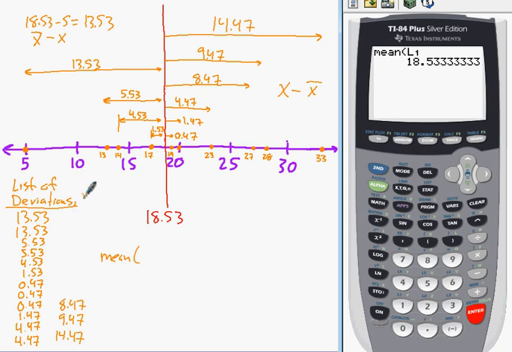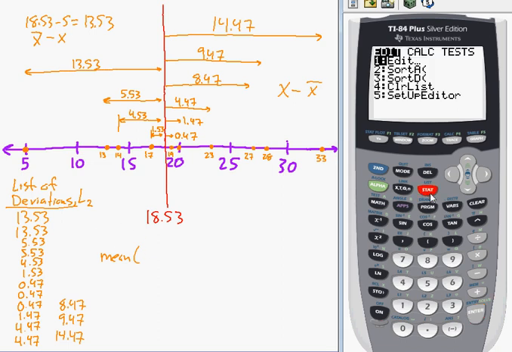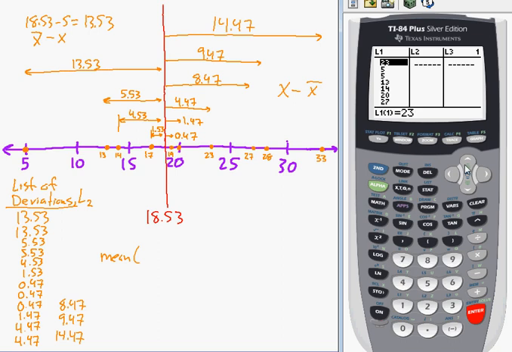And what I can do is I can put these into L2. And I can even show you how to do this on a calculator, which is kind of interesting. And pretty easy, actually. You go to L2, and if I want to find all the individual deviations, now I have to be a little bit careful here because I switched my formula here and here.